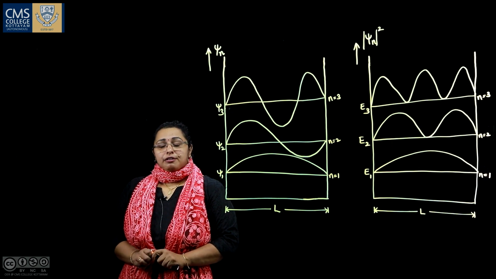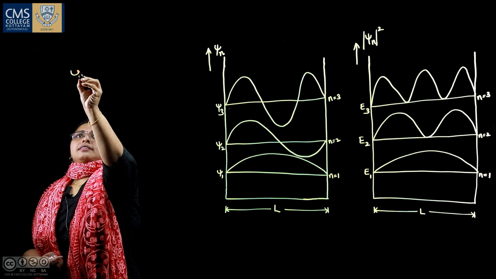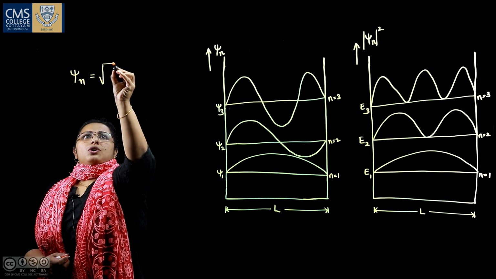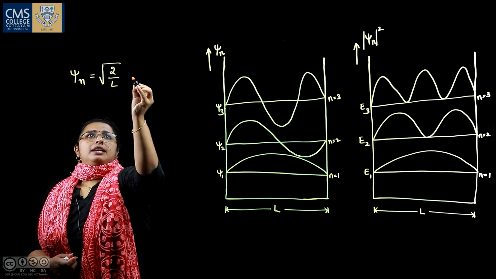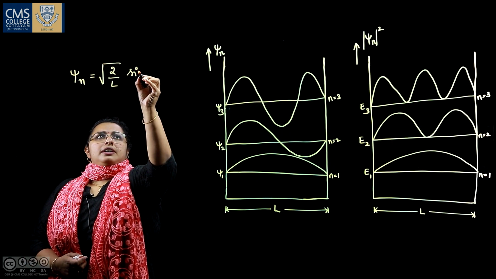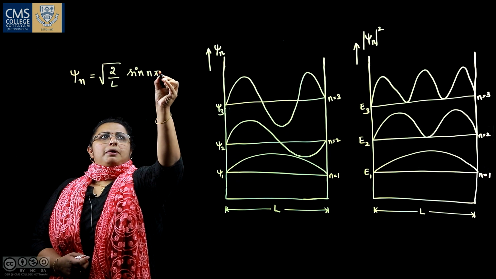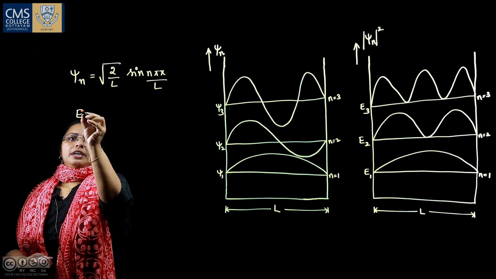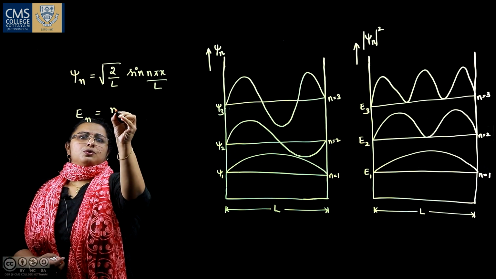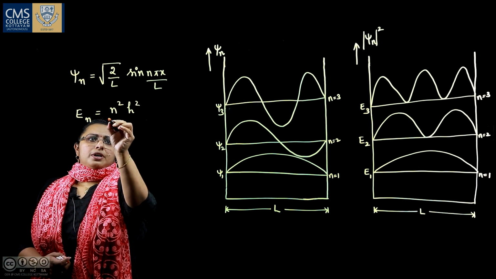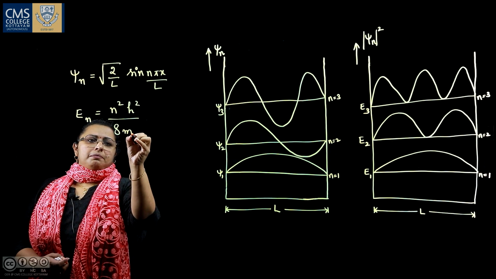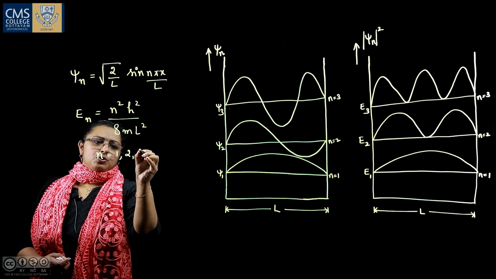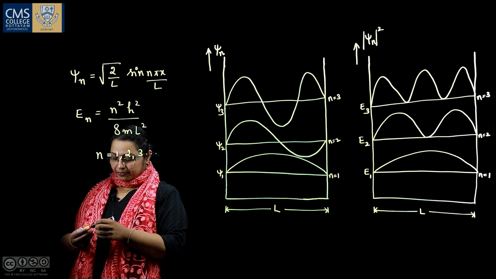We got the value of psi n as root of 2 by L sin n pi x divided by L, and the value of En is equal to n square h square by 8mL square, where n is equal to 1, 2, 3, etc.